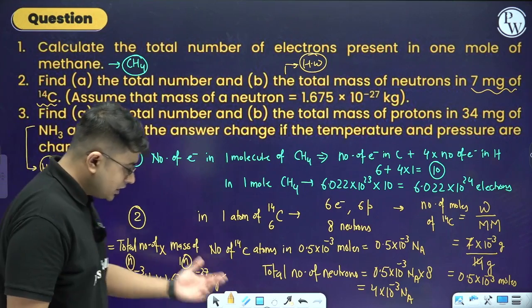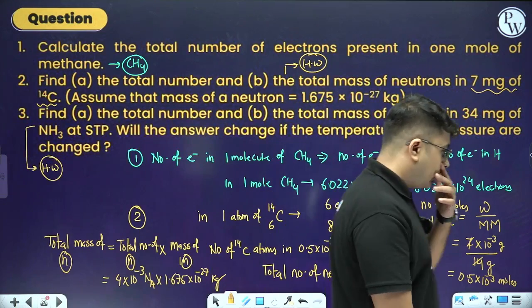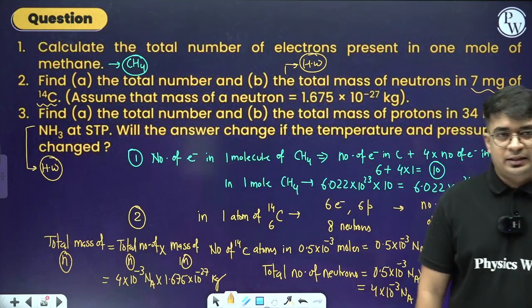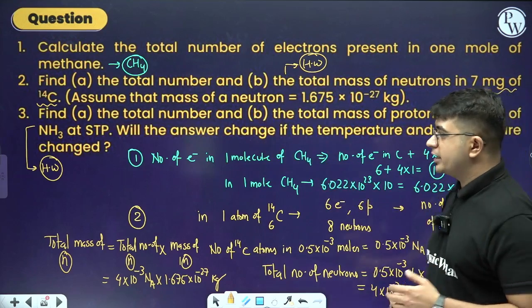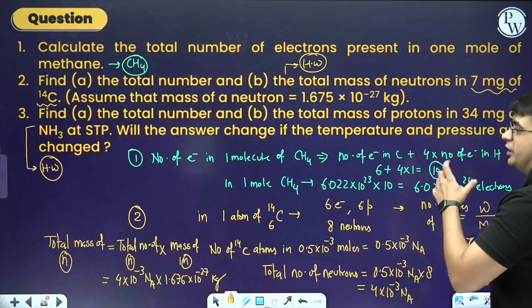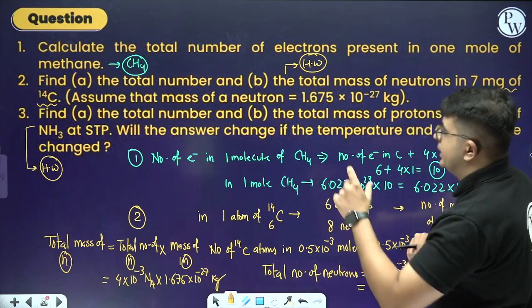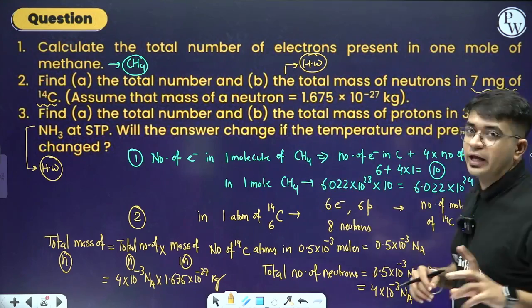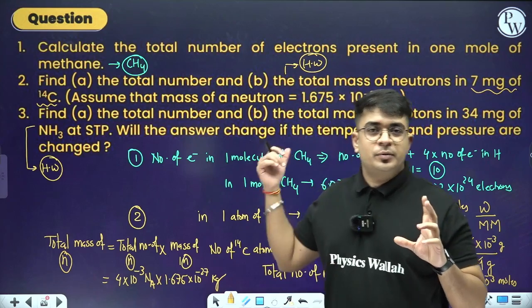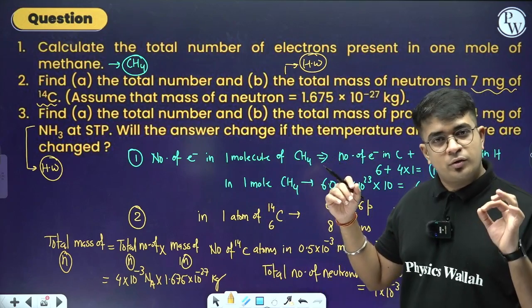Now the second thing is, if I talk about the number of moles in that particular case, will the answer change if the temperature and pressure are changed? In that case, I am using the sample as 34 mg, this particular mass, and it's going to remain as it is.